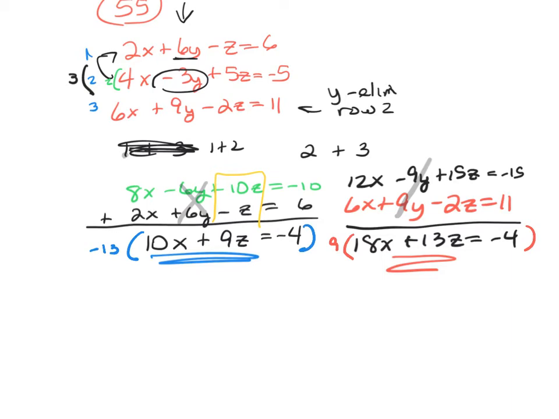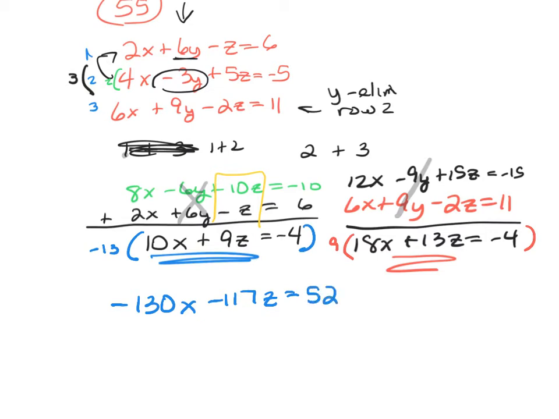So I get -130x, and then 13 times -13 gives me -117z, and then -13 times -4 gives me 52.